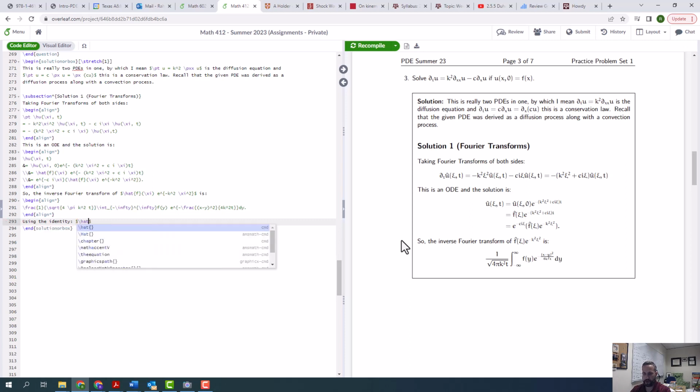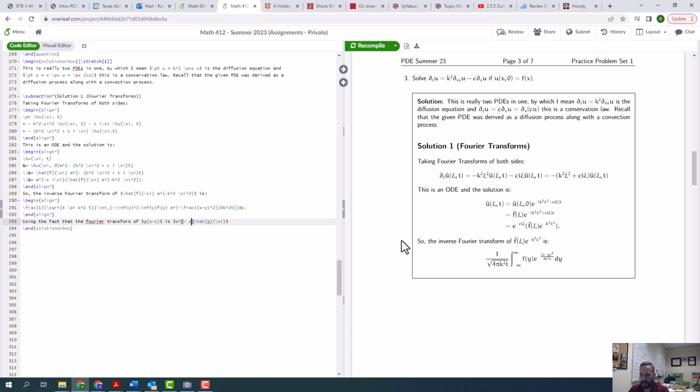If I look at the Fourier transform of, using the fact that the Fourier transform of g of x minus c is the Fourier transform of g times e to the power of minus i c omega.